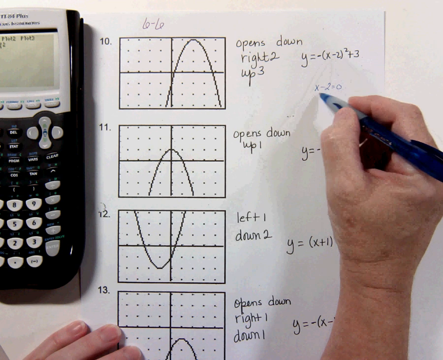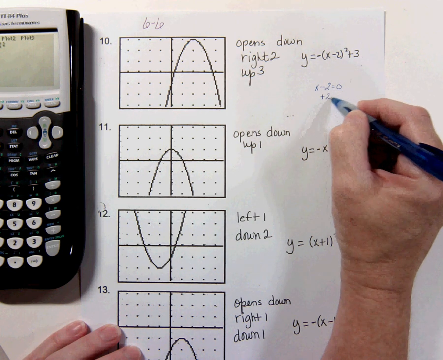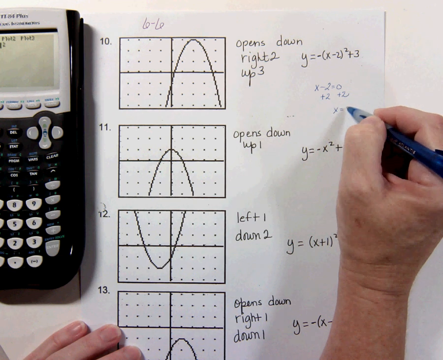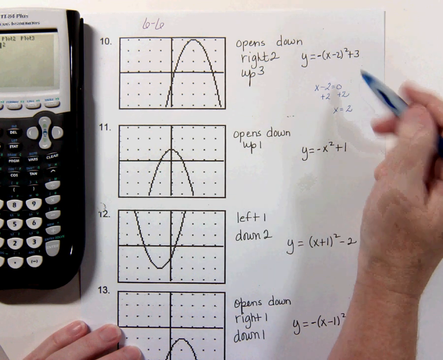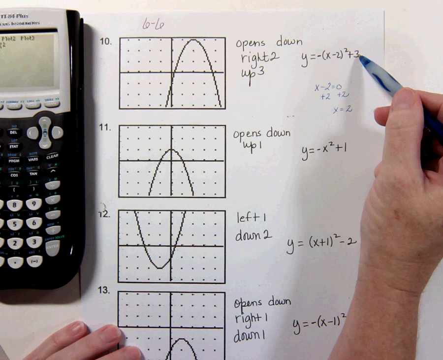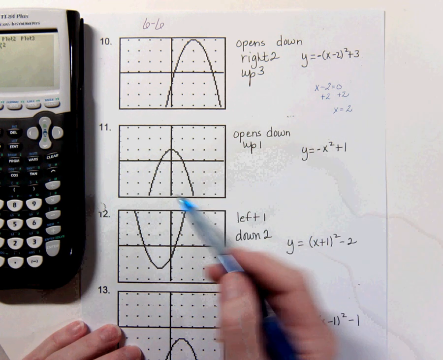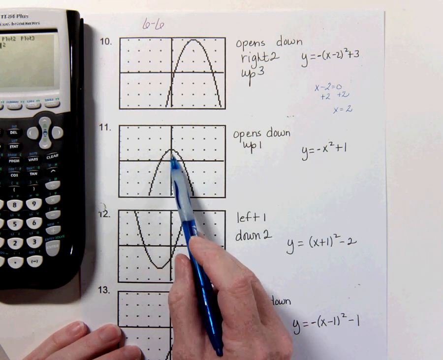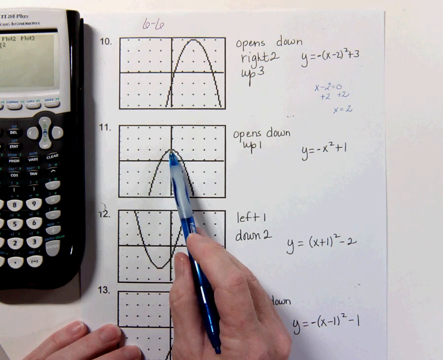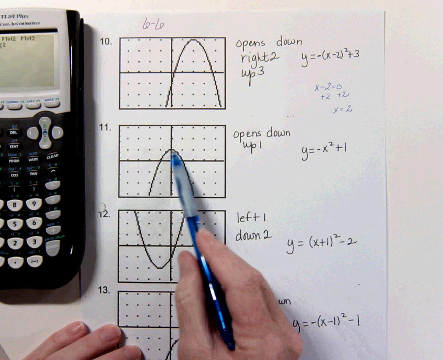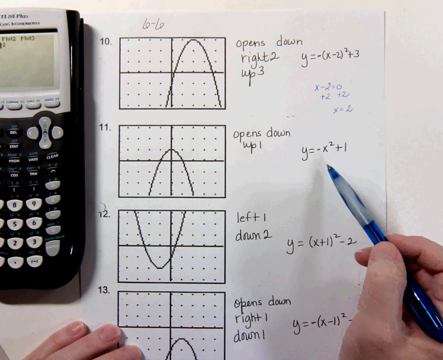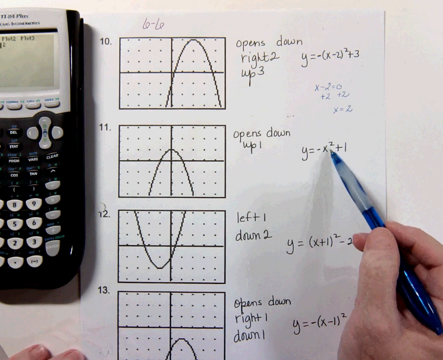If I solved for that, you're actually going to be at a positive 2. And then it's also shifting up 3 units. Okay, for this one, we didn't shift off of the y-axis. It only shifted up 1 unit, but it's also a downward parabola, a negative.